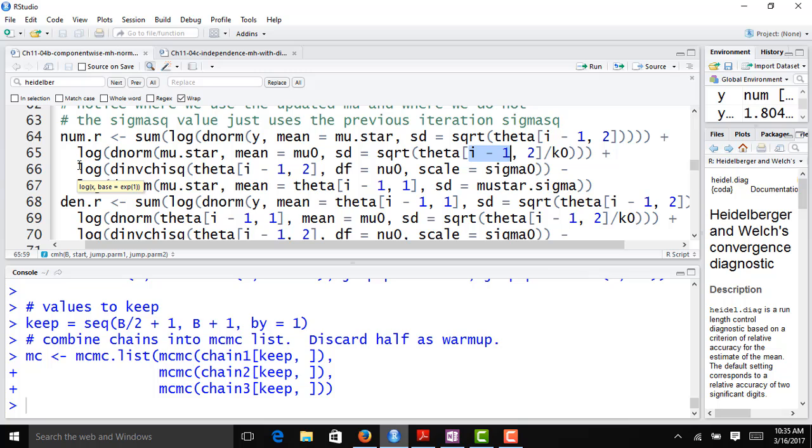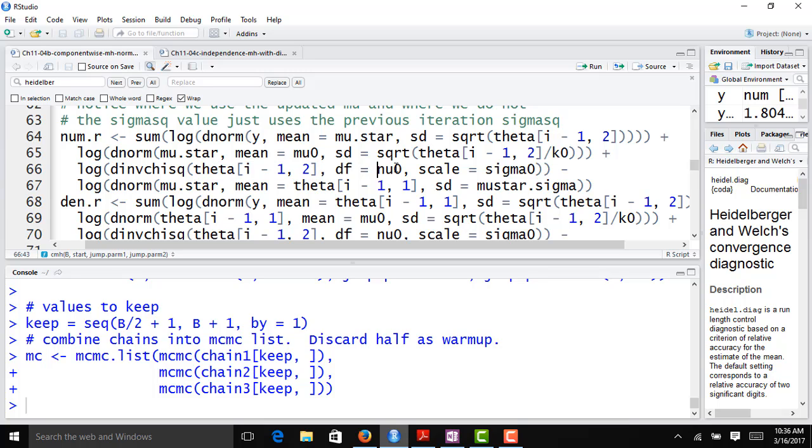And now I need to continue by adding to that the log prior density for the sigma squared parameter, which is an inverse chi squared. I evaluated it at the most recently used value in my chain for sigma squared, which is once again in column 2, row I minus 1, because I haven't yet updated the sigma squared parameter in this iteration of my chain.